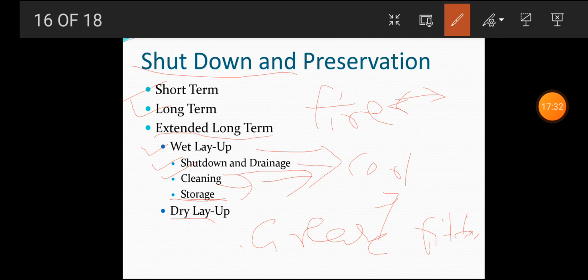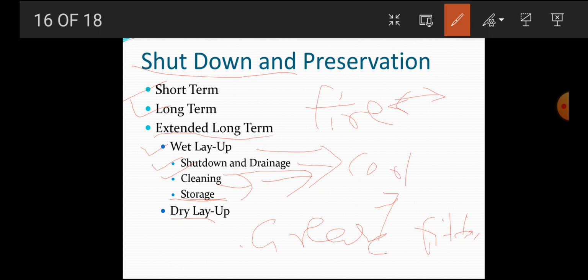In wet layup, chemically treated water is stored in the boiler, while in dry layup, as the name suggests, we need not store the water, so we need to drain all the water from the boiler.